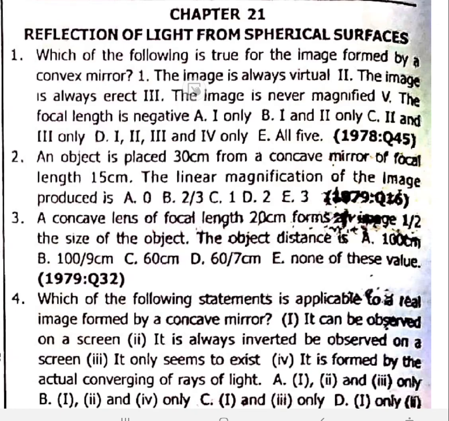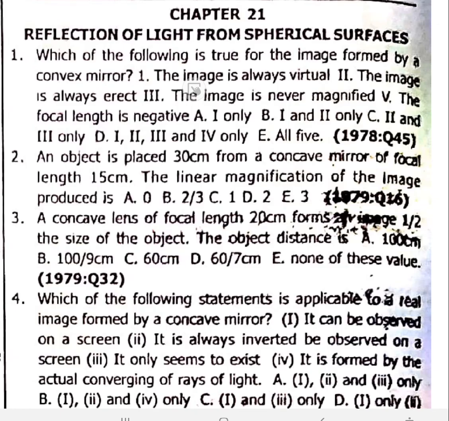Next, concave mirror: the object distance is always positive, the image distance is either positive or negative, the focal length is always positive, while the magnification depends on the object distance.